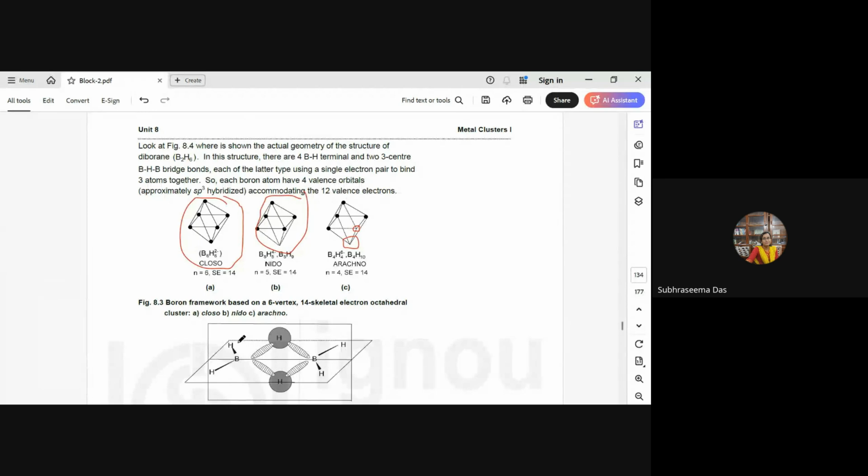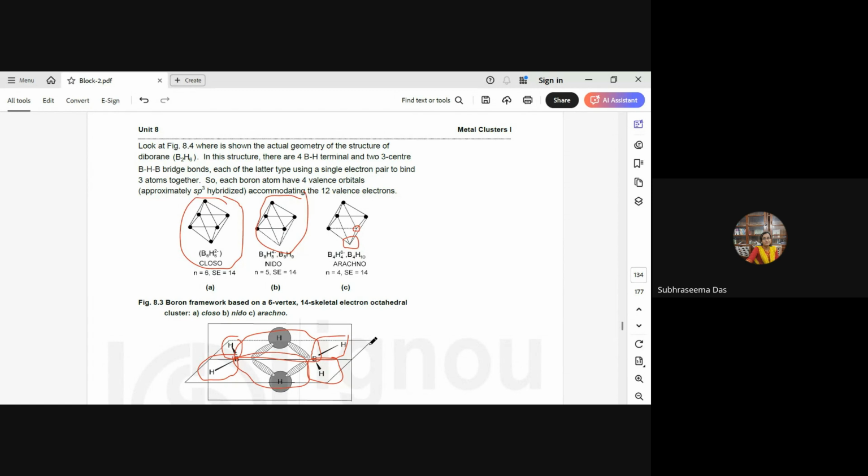This is terminal BH bond 1, this is 2, this BH bond is the third terminal, and this is the fourth terminal BH bond. And there are also two bridging BHB bonds. This is one bridging BHB bond, and the other, the lower one, is the second BHB bond.